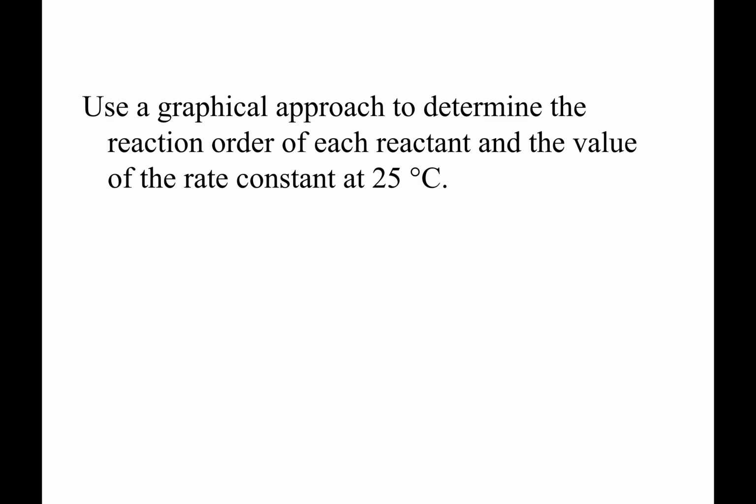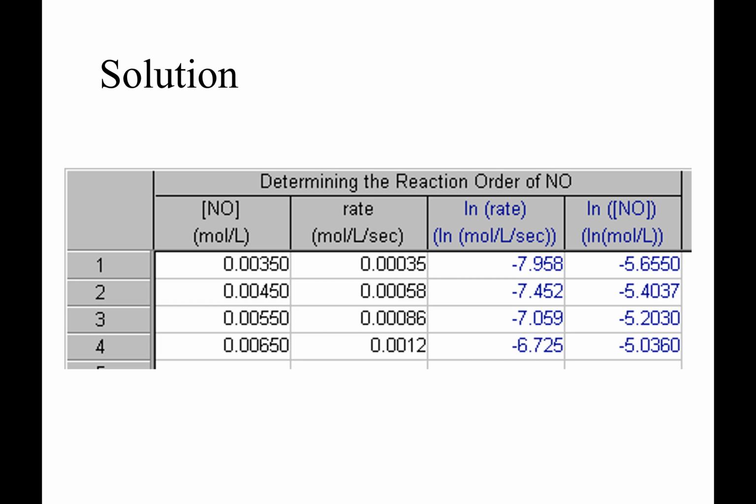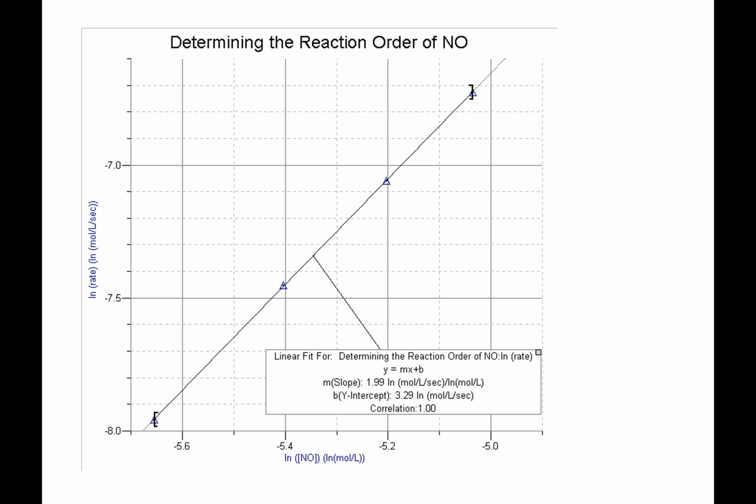Okay. A graphical approach to determine the reaction order, and then ultimately the rate law constant after we know the reaction orders. So these were the values we saw for the initial concentration of NO. O2 is held constant. These were the observed rate. Take the natural log of the rates, it's going to go along the y-axis. The natural log of the molar concentration of NO is going to go on the x-axis. And voila, it looks like this.